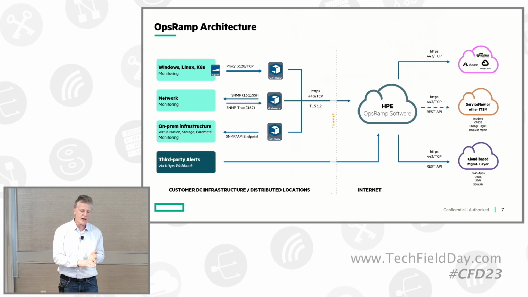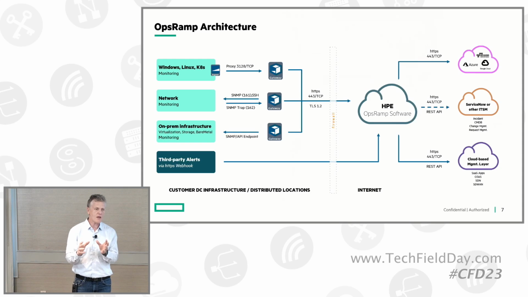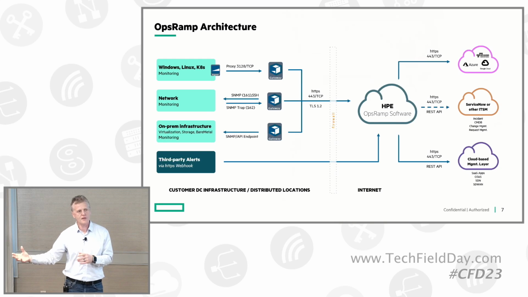And then beyond that, we also have the ability to have a gateway that acts as a collection point for SNMP, potentially APIs, things like that. It can act as a centralized point within an environment, and then sending that out to the OpsRamp cloud, where the additional analysis and correlation and all of those other things are done.